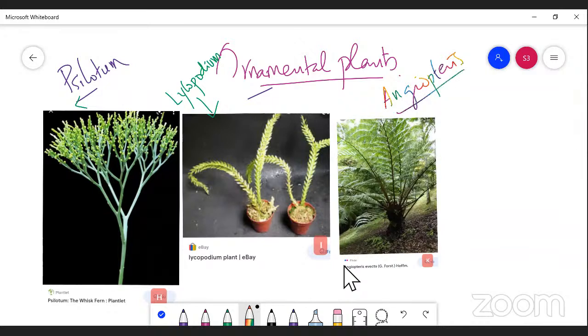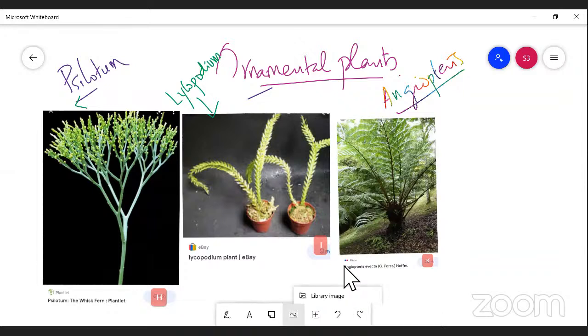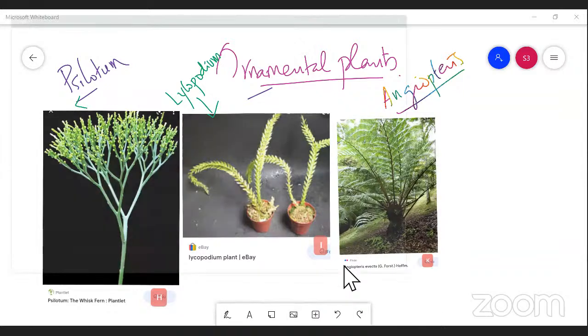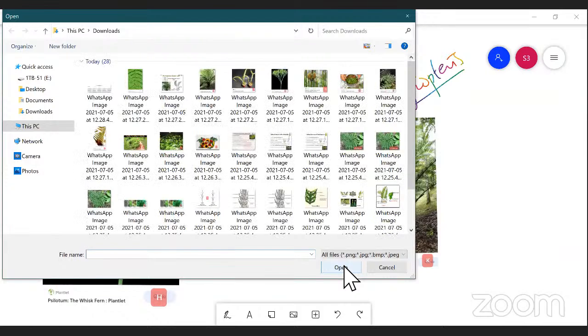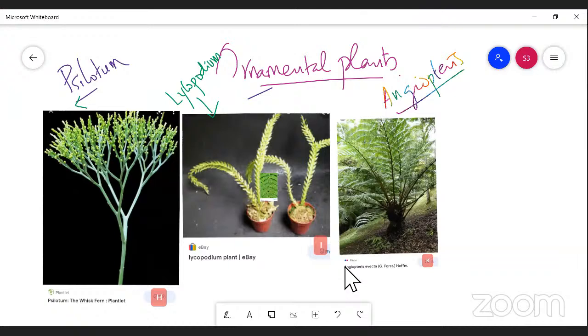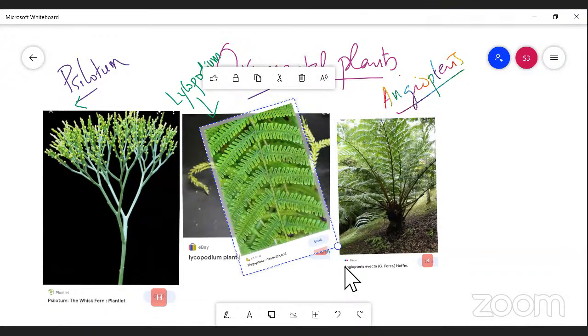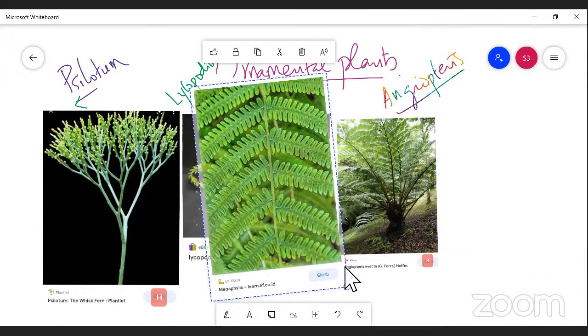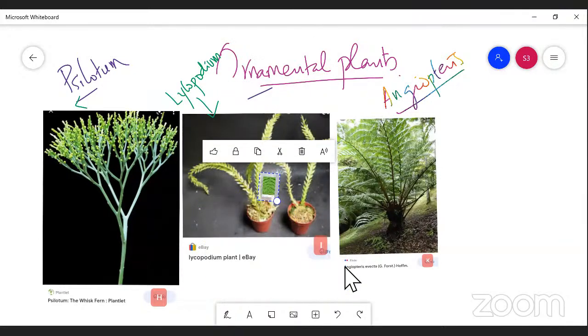And next one more plant I'm going to show you. So these are the economic importance of Pteridophyte.